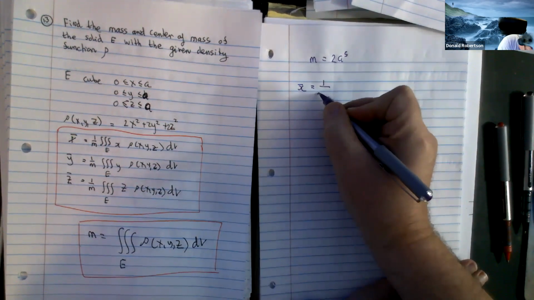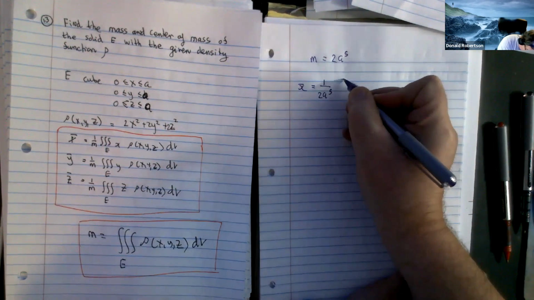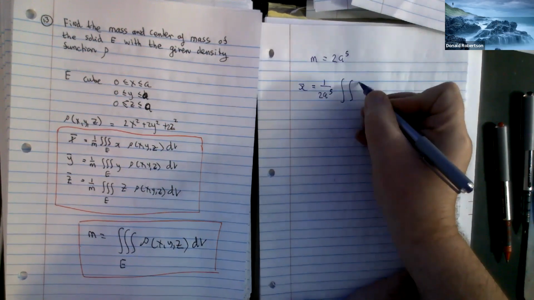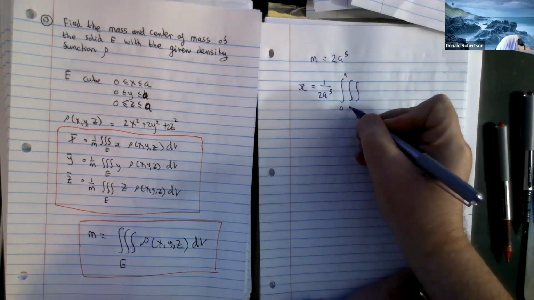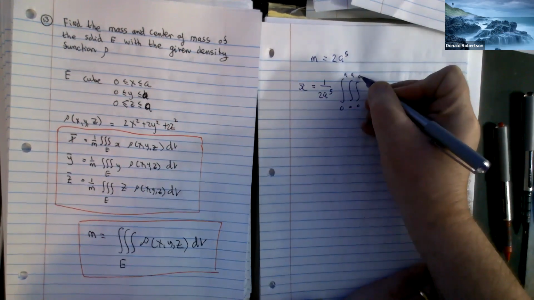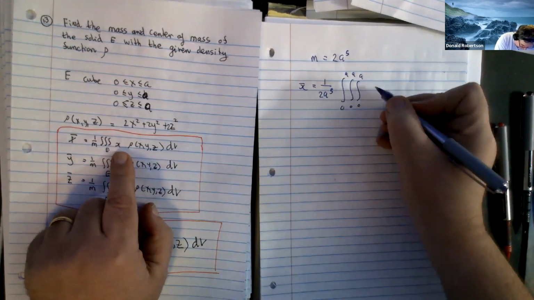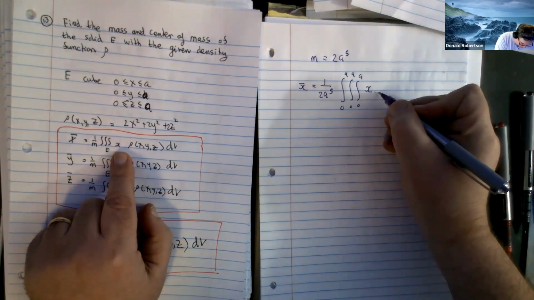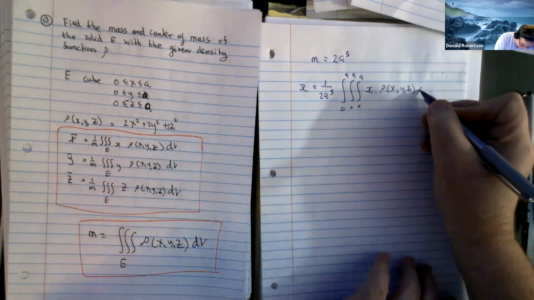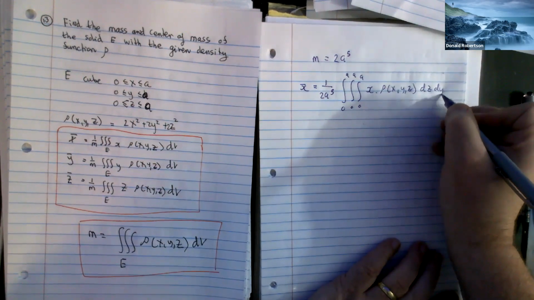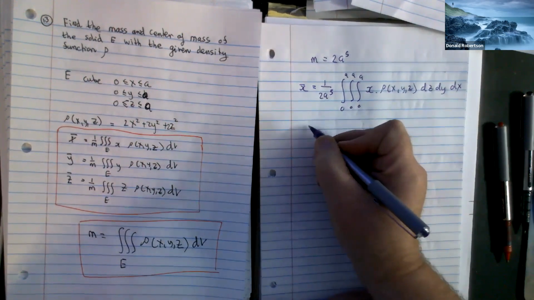It's 1 over the mass, which is this guy. The same triple integral as before, right? So that's going to be 0 to a, 0 to a, 0 to a. The difference is it's going to be x times the density function. Then we'll do a dz, a dy, and a dx.